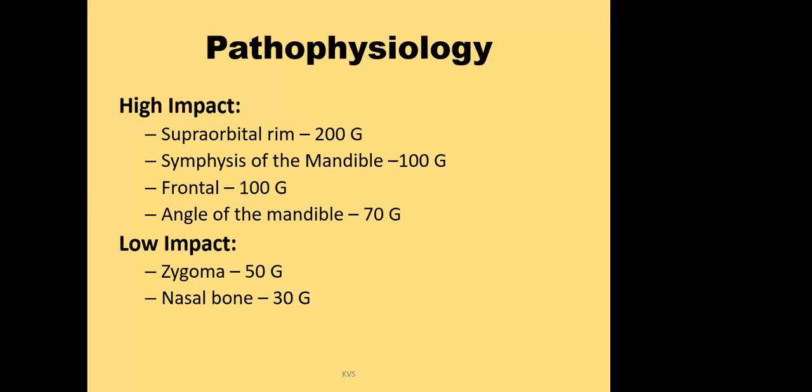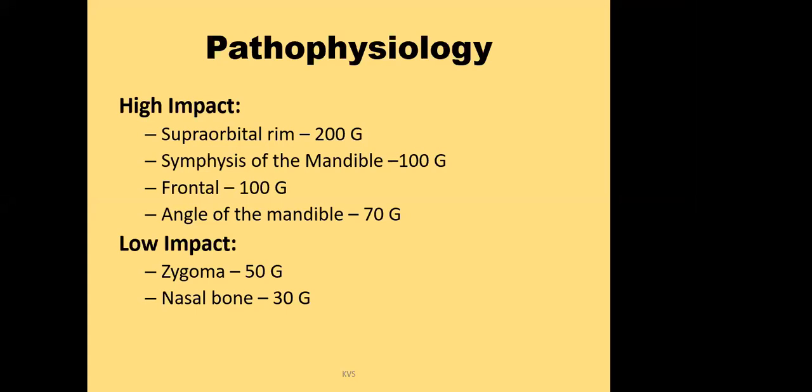Injuries which are going to cause fractures can be categorized as high impact or low impact, depending on the part of the orofacial bones which are going to be involved. So the zygoma and nasal bones can easily be fractured with low impact force.